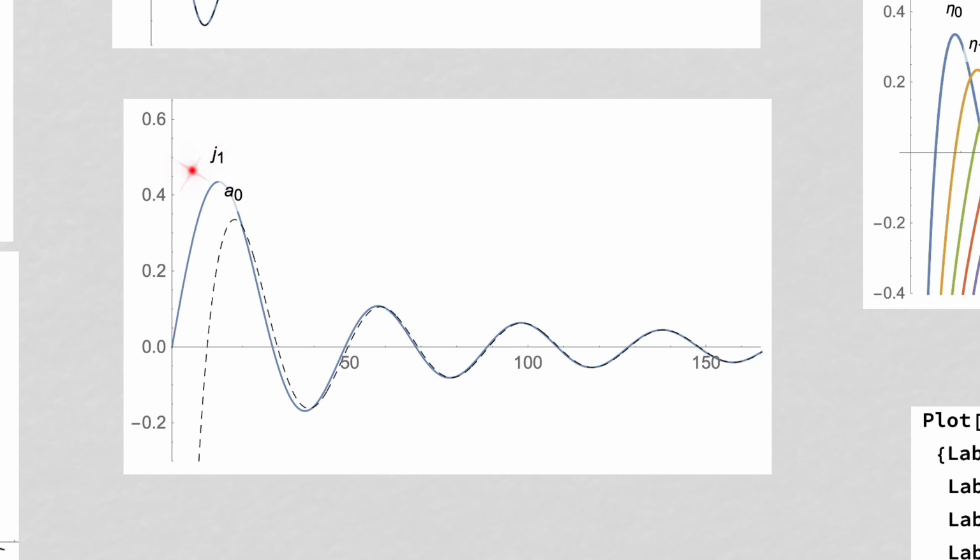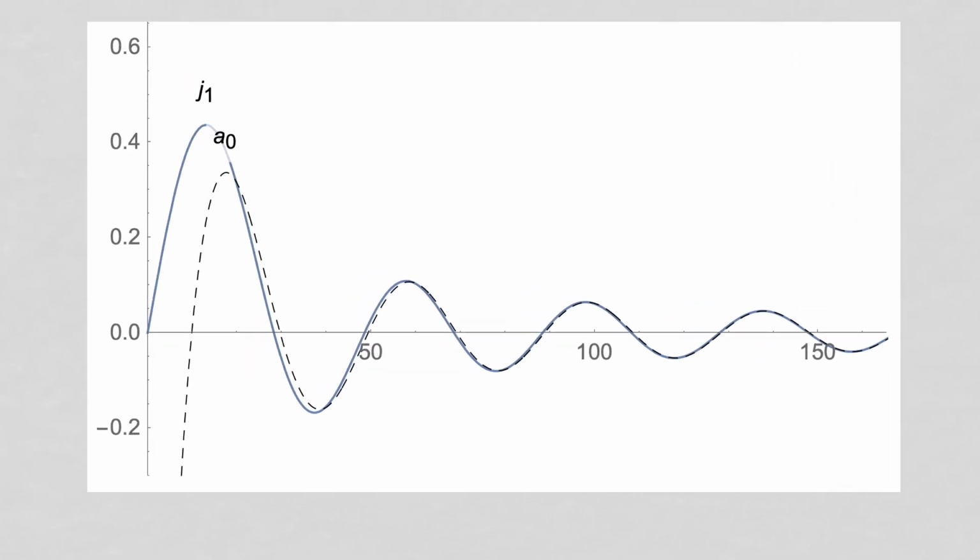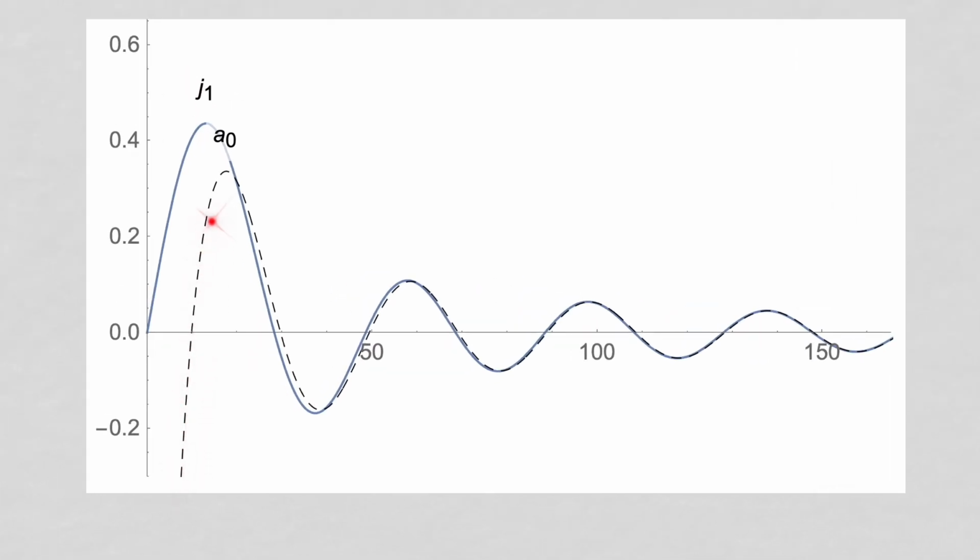What we see is that for the first spherical Bessel function, the asymptotic form is a completely bad representation of the function, certainly below 50 de Broglie wavelengths. But after 50 de Broglie wavelengths, it becomes remarkably tight. At 100 de Broglie wavelengths, it's indistinguishable. And this is obviously the area that is really good.